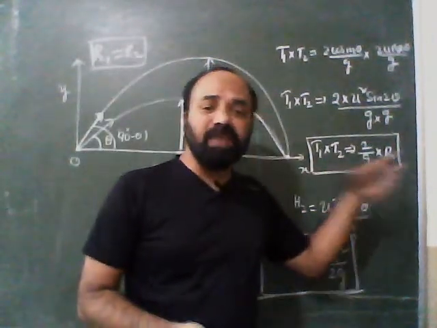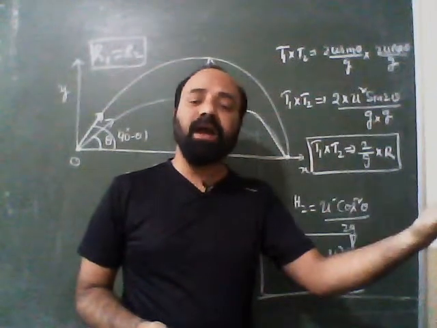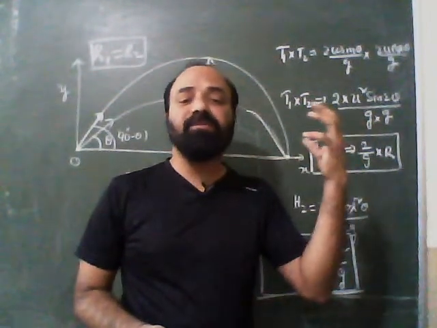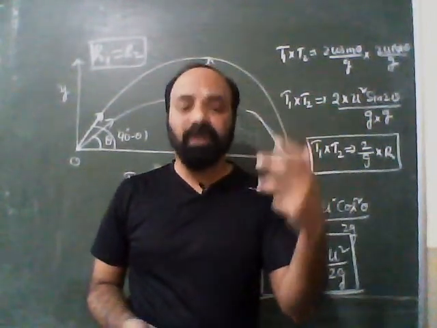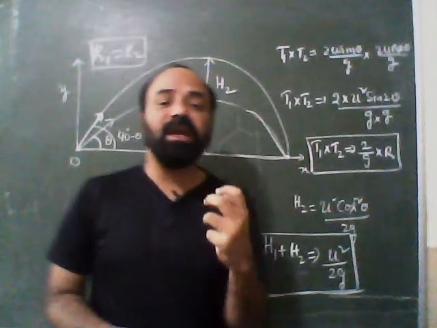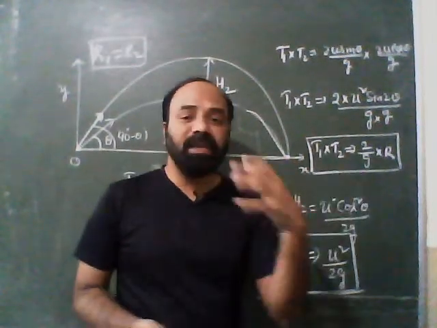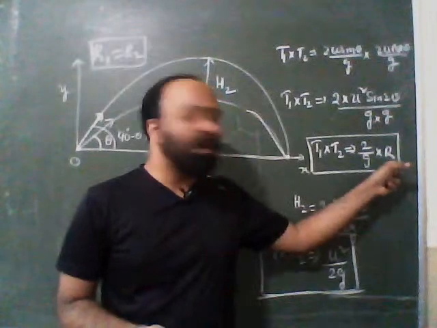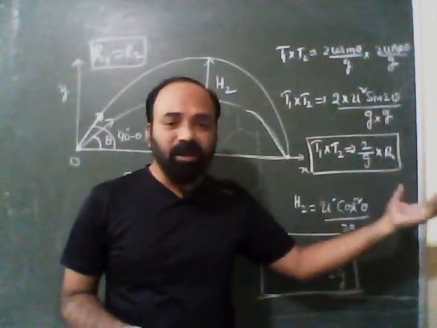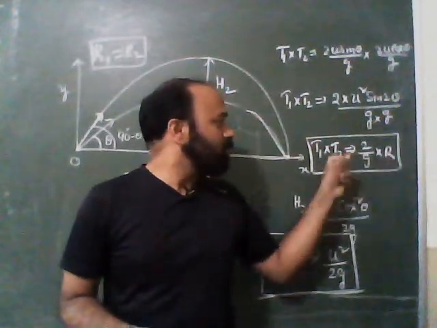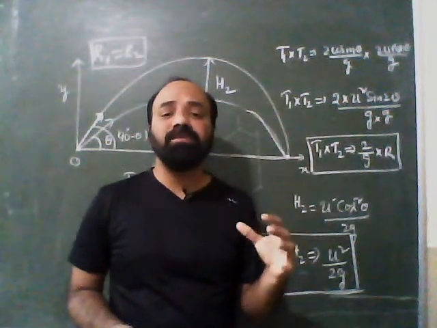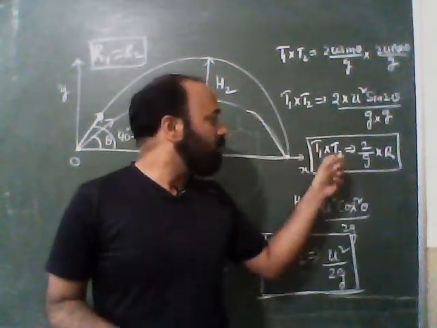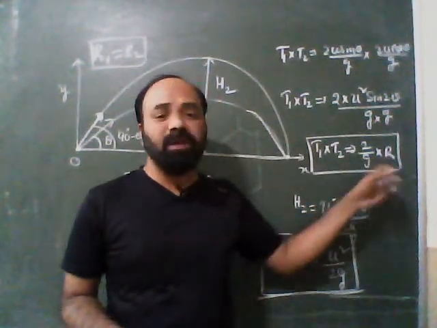Here R is R1, or you can take R2, because in case of complementary angles, R1 is equal to R2. If they give the first body's range, we can write R1; if they give the second body's range, we can take R2. So the product of the times of flight, t1 into t2, is equal to 2 by g into R. This is the relation.